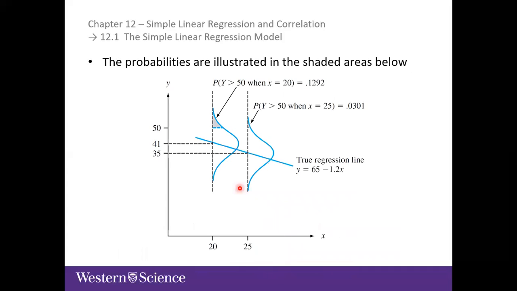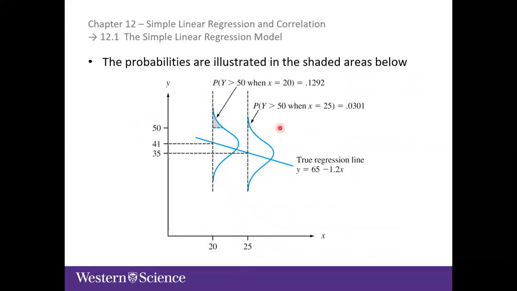So graphically, what we have looked at is that there's a linear relation between x and y, which is decreasing with this slope of minus 1.2. There's a variability around this regression line, and we looked at the value of x and the value of y, and what we tried to calculate was the probability of y exceeding 50, which is the threshold level around here.